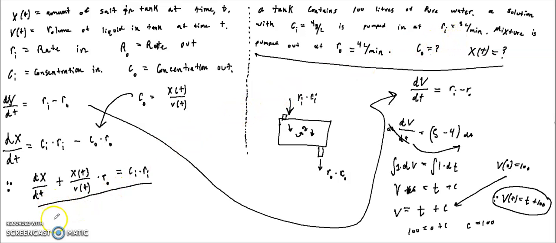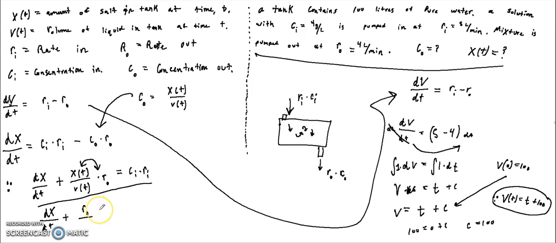So let's just start adding stuff in. dx/dt plus, I'm just going to switch these around, and you'll see why later. They're both multiplied, both in the numerator, so you can just switch them around. It's just so I can put it in integrating factor form.